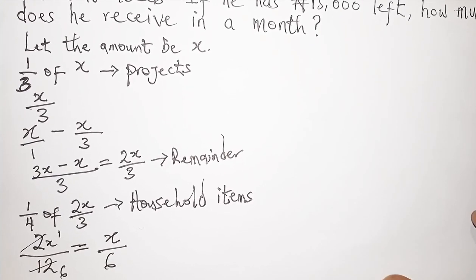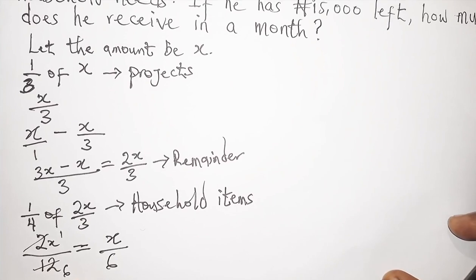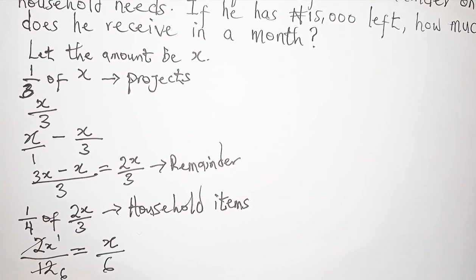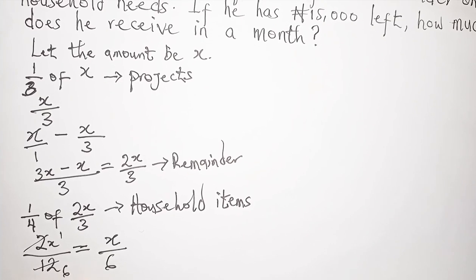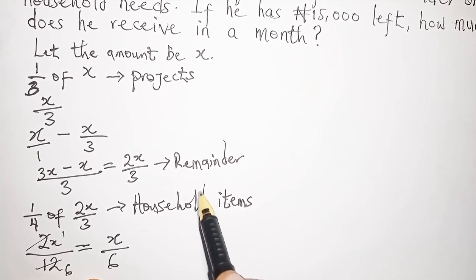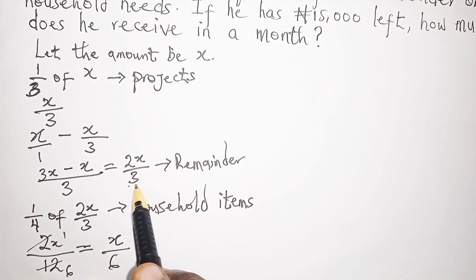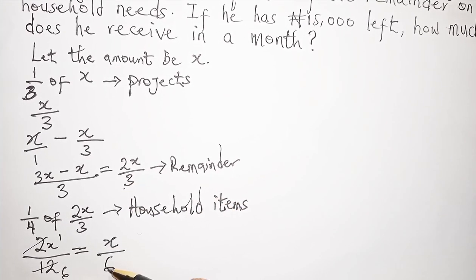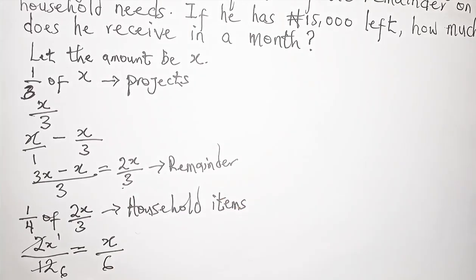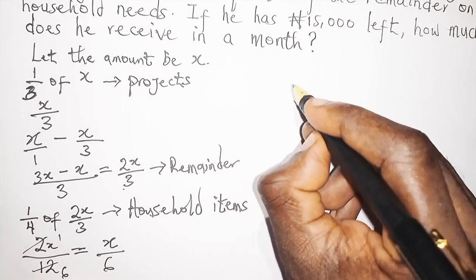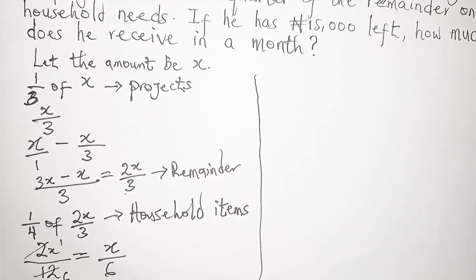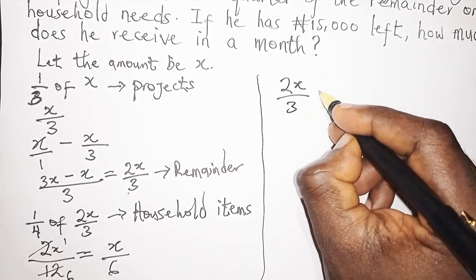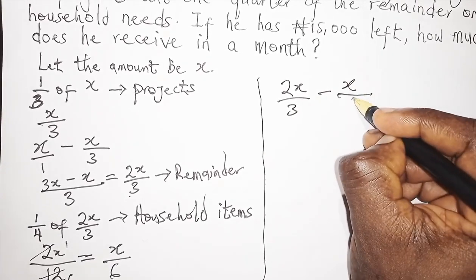Now, the next part of the question says if he has 15,000 naira left, what does it mean? When you say he has 15,000 naira left, it simply means that from the remainder, he spends X over 6. So we need to subtract this X over 6 from the remainder. So 2X over 3 minus X over 6.